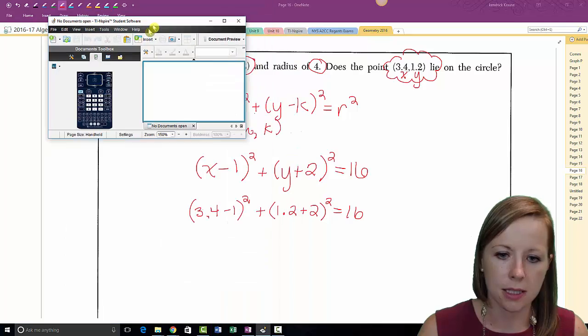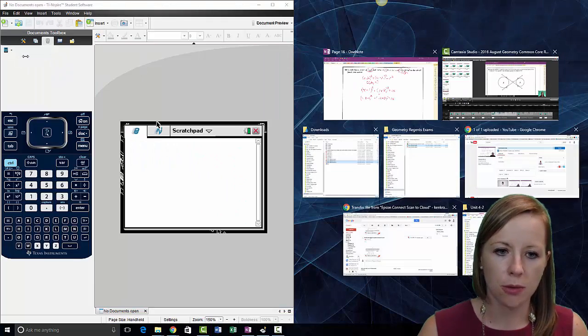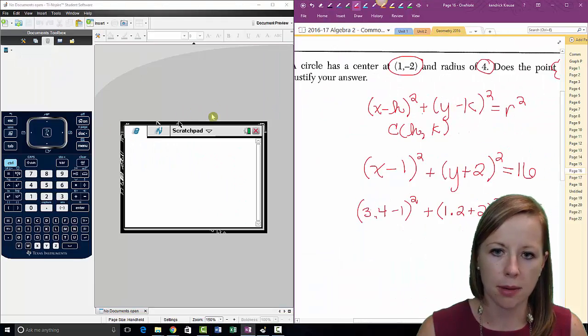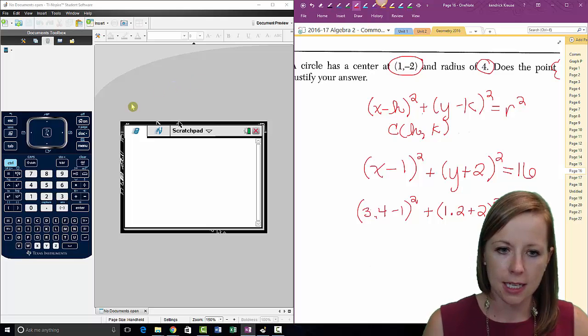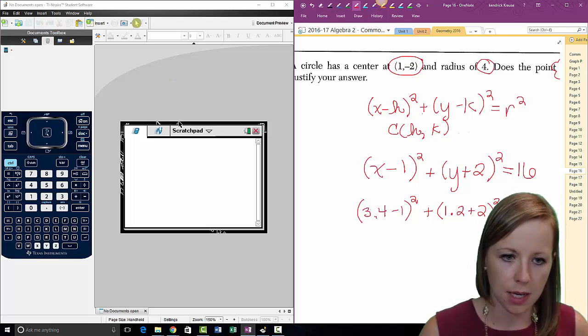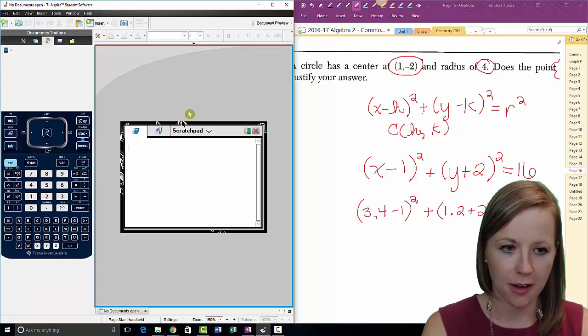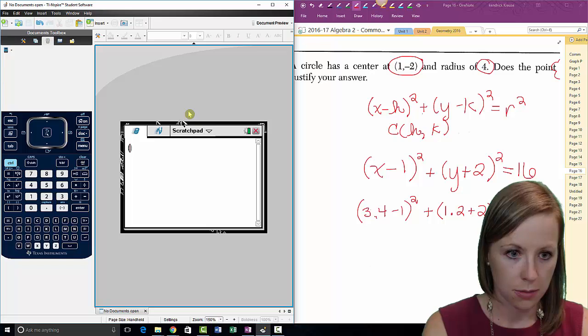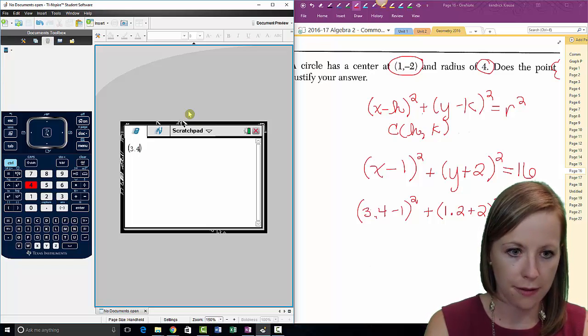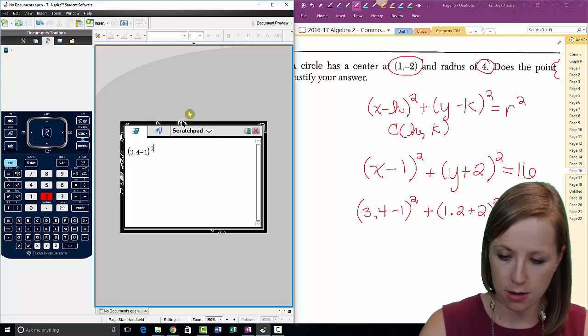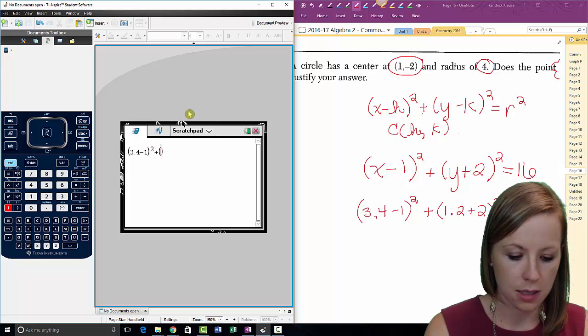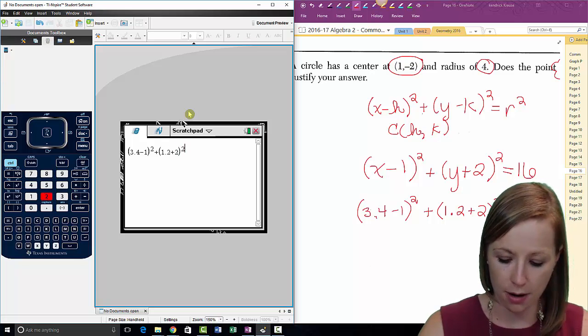And I need to type all of that in. I can't see it, so 3.4. Oh dear. I apologize. I just did something crazy. I'm going to have to get the Krausenator down here probably. Okay, so parenthesis 3.4 minus 1 squared plus 1.2 plus 2 squared.